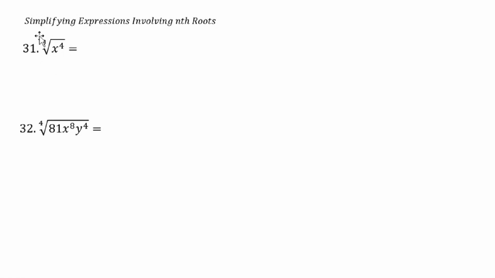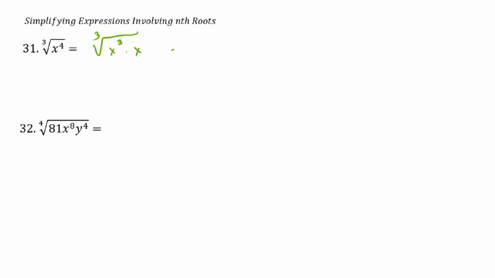We have the cube root of x raised to 4. Similar to the square root, we find the factors of x raised to 4, wherein one of the factors is a perfect cube. We are talking now about cubes. So we can write this as the cube root of x raised to 3 times x. Because if you multiply the radicands, it will go back to x raised to the power 4.